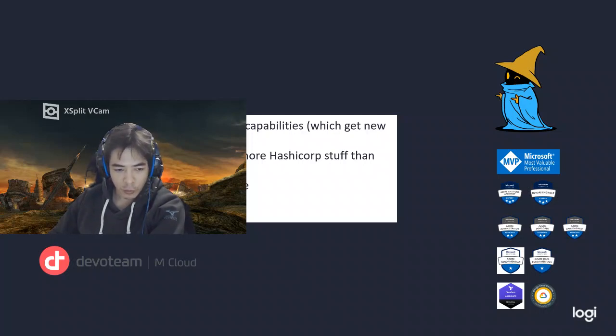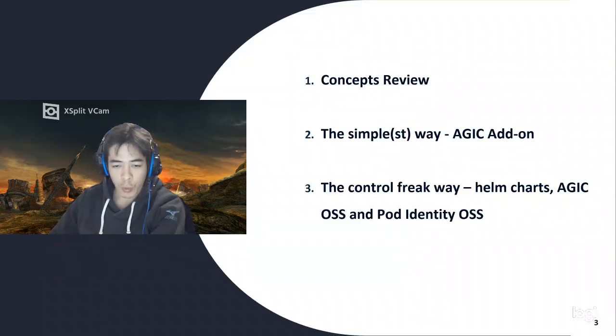Okay, so without further ado, let's go to the agenda. We will have three parts. The first part will be a concept review of everything we talk about, meaning networking with Kubernetes, and then what is AGIC. Then we will see two ways of deploying Application Gateway as an ingress controller.